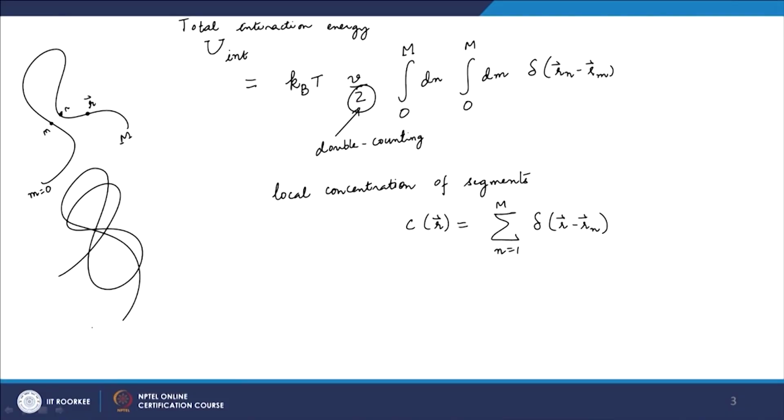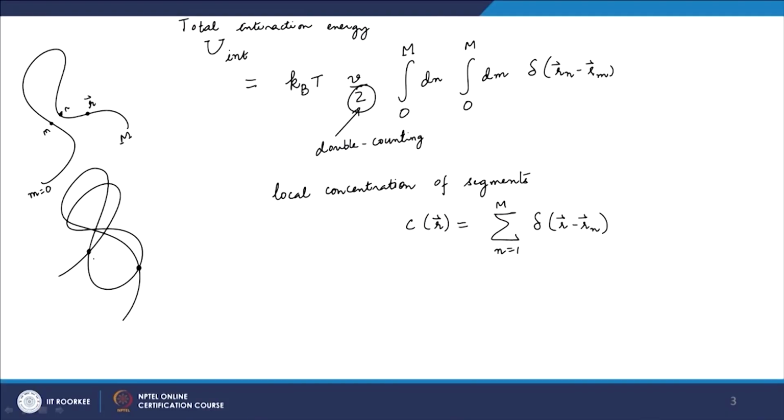Okay. So let us say, for example, if I look at this point here, in this case 2 segments are passing through this point, so the function should have a weight of 2. At this point we should have 2, at this point it should be 3 because 3 polymer chains come here, everywhere else it has to be 1, right, and here it is 2, 2, 2.